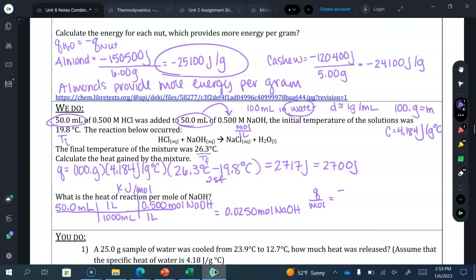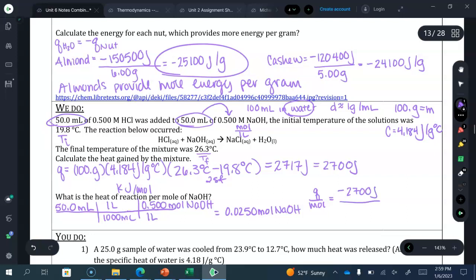So it's being released, 2,700 joules, and you're going to divide by the amount of moles you used. Performing that calculation, you should get 110,000 joules per mole, or 110 kilojoules per mole.